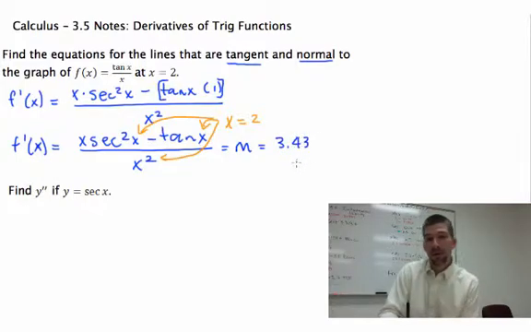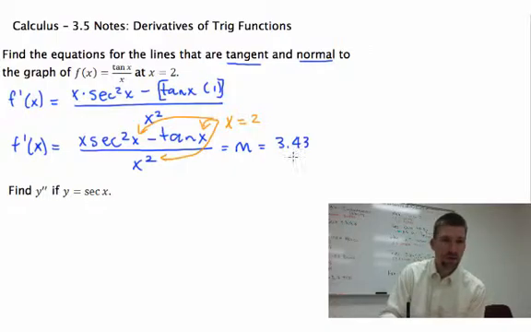All right, and that's okay. We can have that. It's not a problem at all, and we're dealing with a trig function too, so that's probably going to give us a decimal anyway. So what does that mean though? Well, I need to know a point that is on my curve. Okay, and so when you put your 2 in for x into your original function, you would have the point 2, tangent 2 over 2.